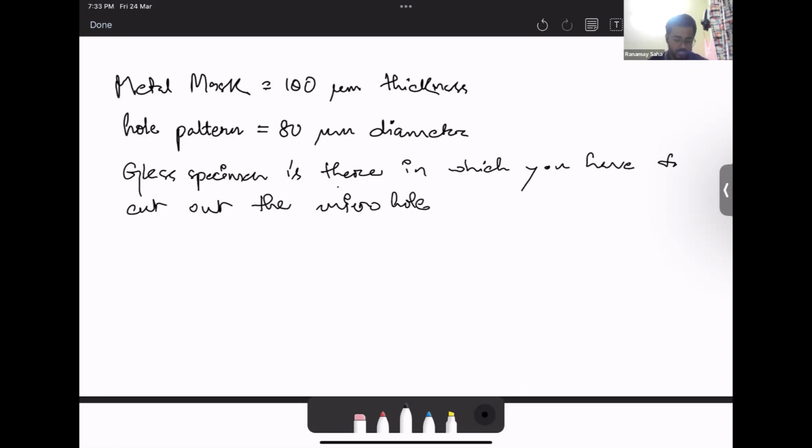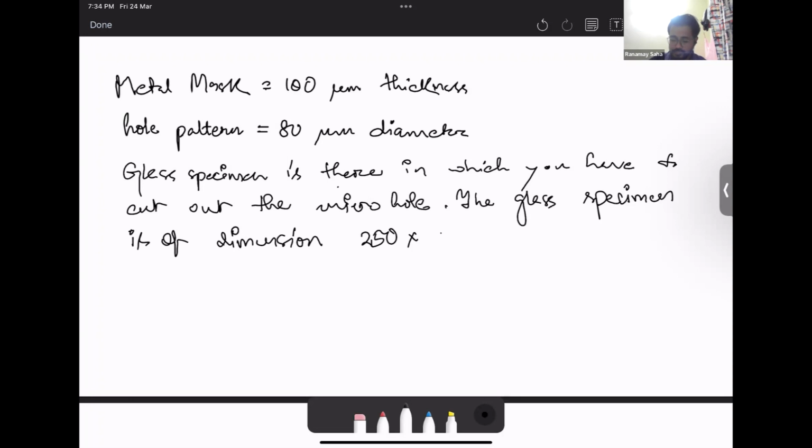Okay. The glass specimen is of dimension 250 cross 250 cross 1.2 cubic millimeters. Okay.